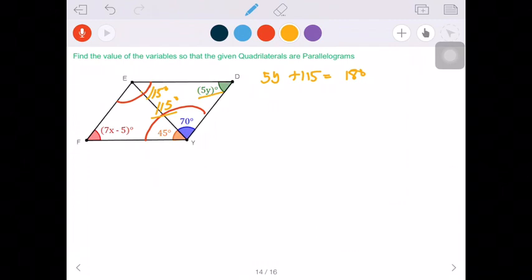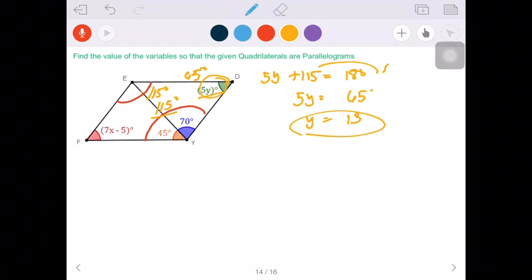So 5y is equal to 65 because I have to transpose and subtract. Divide by 5, y becomes 13. That's the value of y. Or, simply put, this angle is 65 degrees, because they are supplementary on the consecutive part. But of course, we have to find the value of y, so we still have to solve.